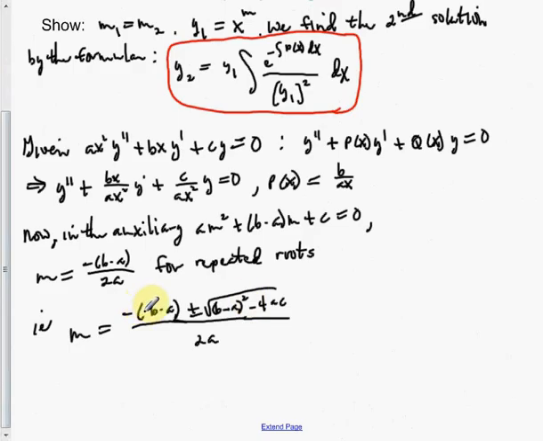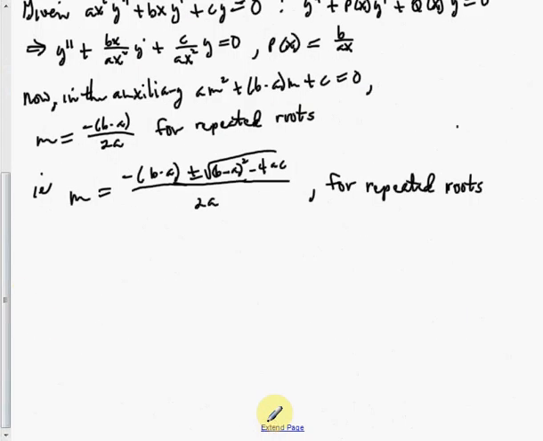So all you have left is negative parentheses b minus a divided by 2a. Or you could just say this is a minus b over 2a.